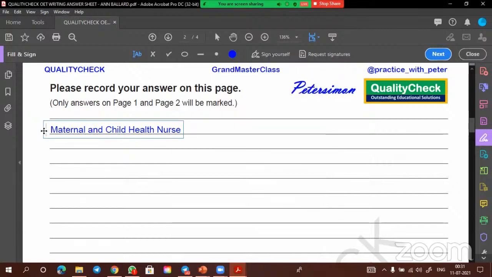Write on the line and start from the first dot. Like this, start from the first dot, where the line starts. From there you have to write. So maternal and child health nurse. Fine. That is the first line you're supposed to write.